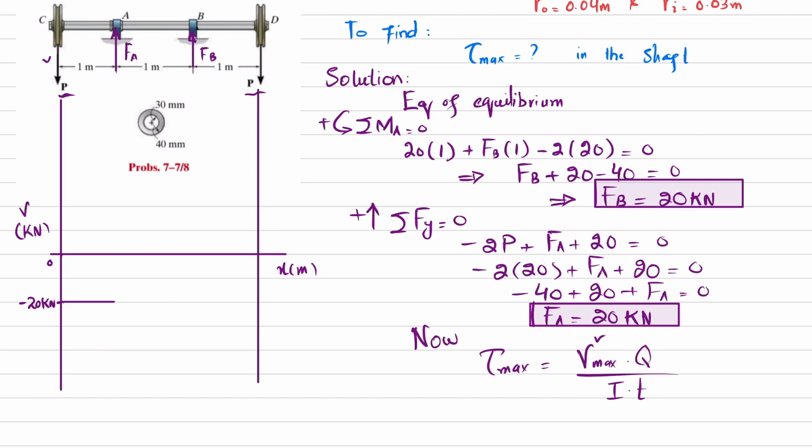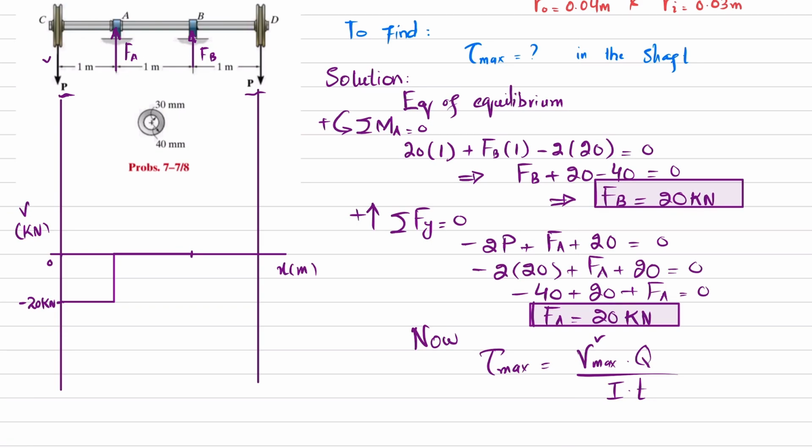Now at A you have a force FA, which is plus 20. So minus 20 plus 20 will bring it to 0. Again moving from point A to B, there is no other shear force, so it will remain the same.